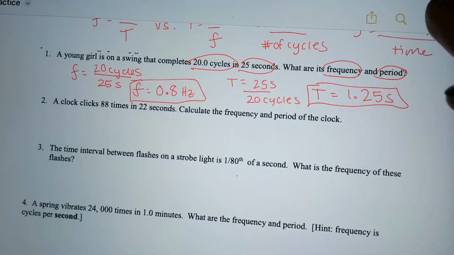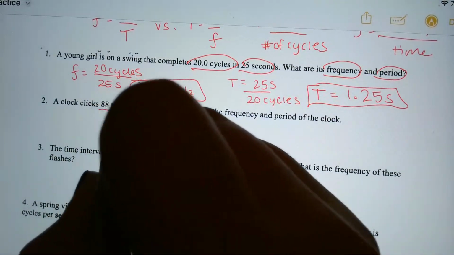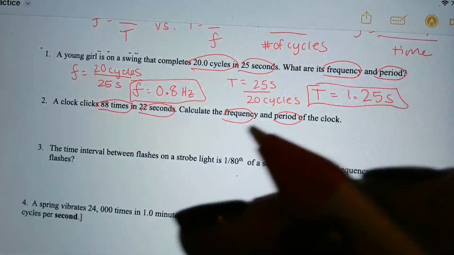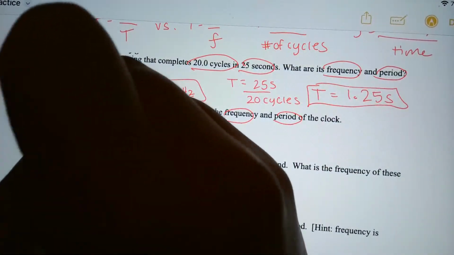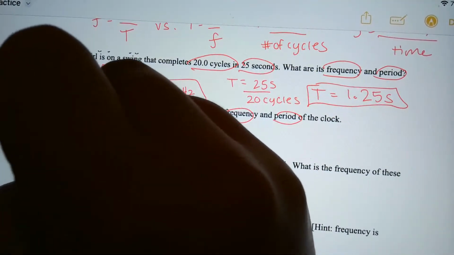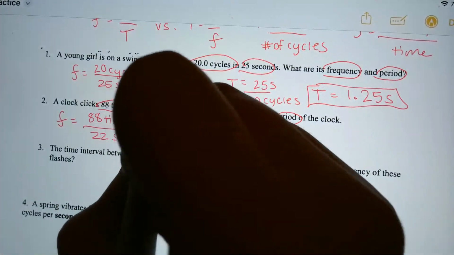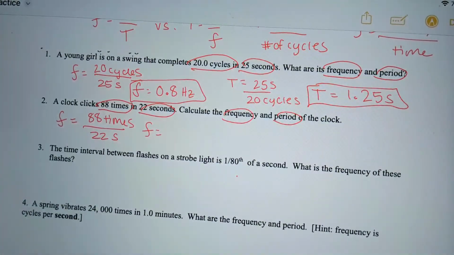Number 2. A clock clicks 88 times in 22 seconds. Calculate the frequency and the period. Okay, so again, frequency will be 88 times over 22 seconds. So the frequency, 88 divided by 22. Oops, I did the multiplication by accident.